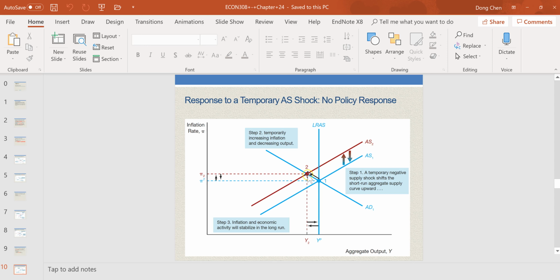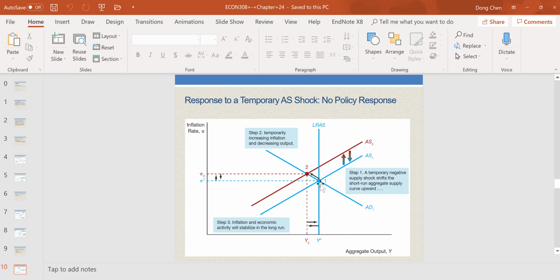Even without a policy response, the economy will gradually fall back to the original level. But that will take some time, sometimes a very long time, and during that process, people will suffer higher inflation and a long recession, because output is lower than the potential level.